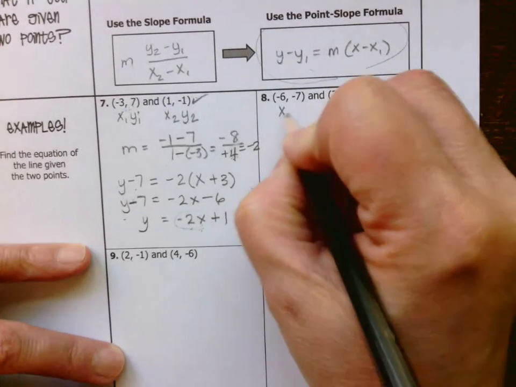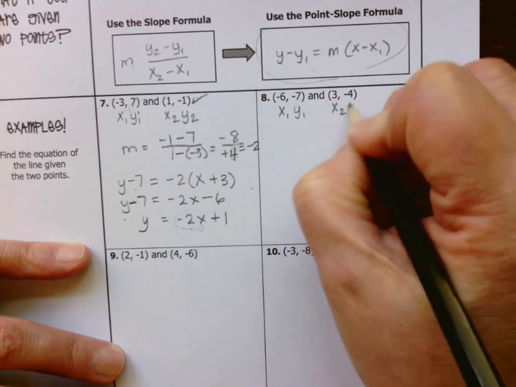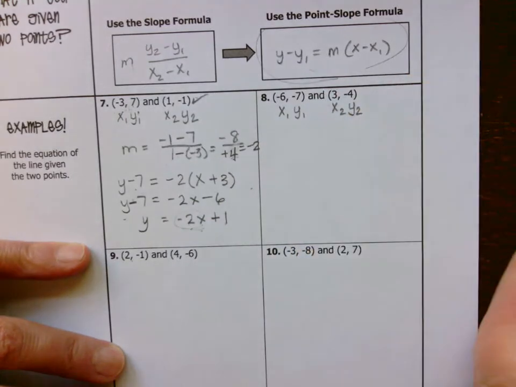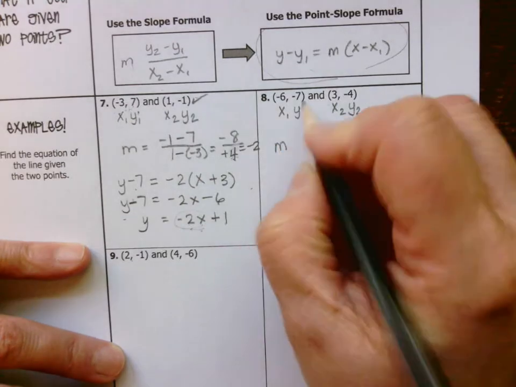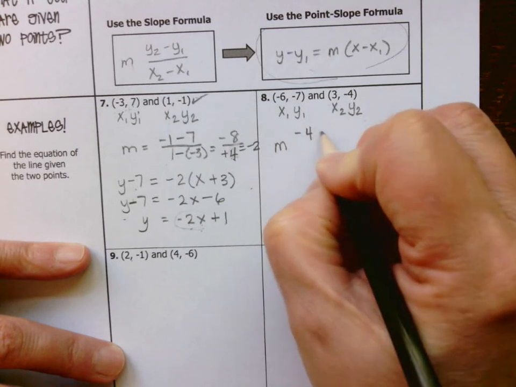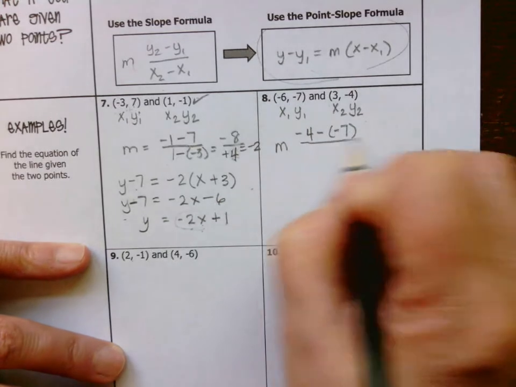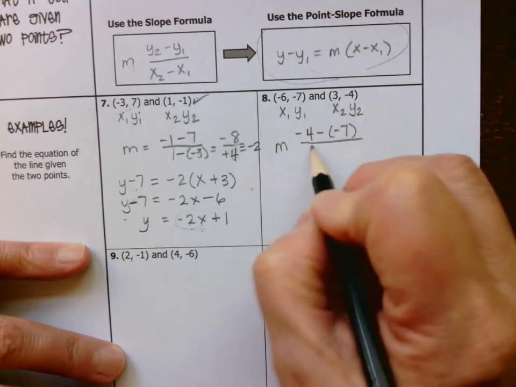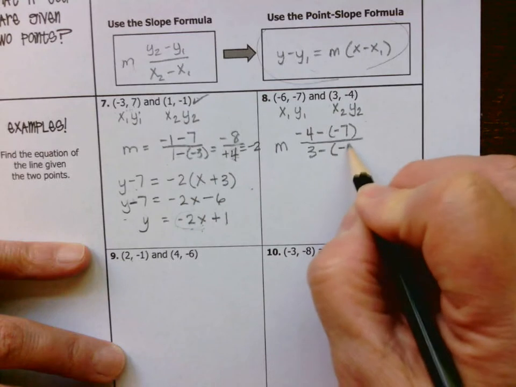I always label my points because if I don't, I get confused. So that's going to be x1, y1, and x2, y2. And I use my slope formula, negative 4 minus negative 7 over 3 minus negative 6.